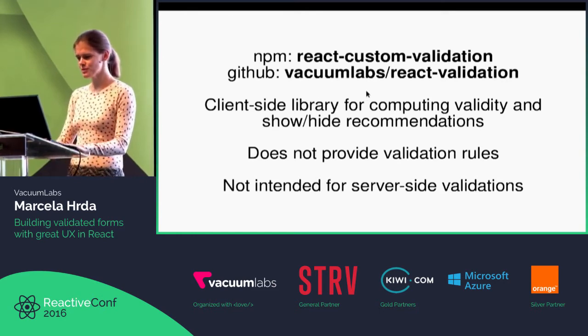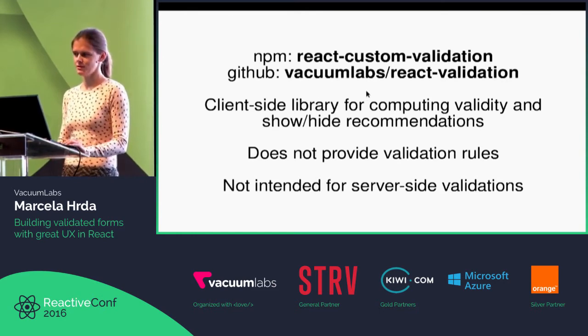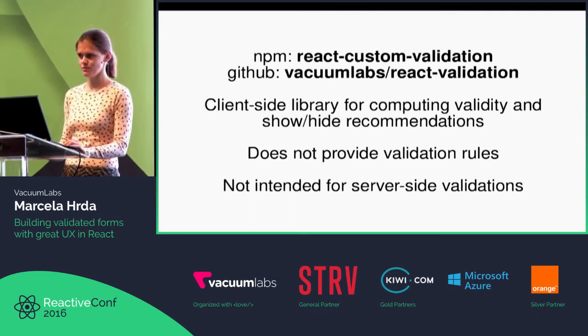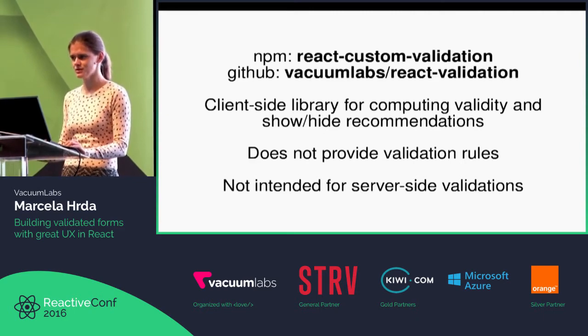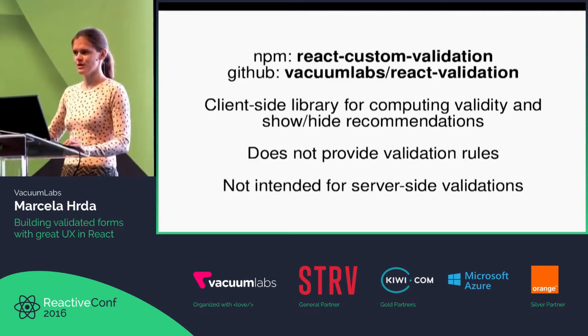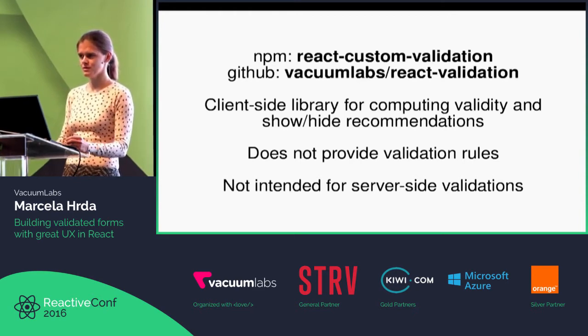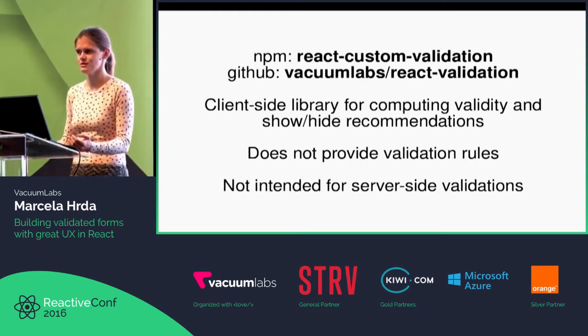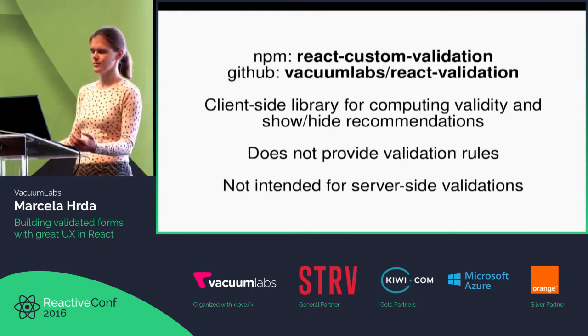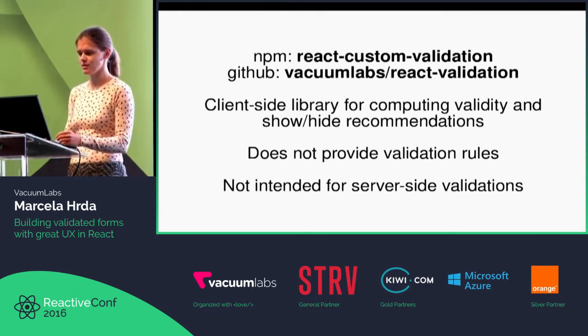And I think it should be clear by now from what was said, but as it is really important, I will repeat it once again. This is a client-side library, and the main purpose of this library is to give you show and hide recommendations about whether to show or hide the error message to the user. And it also helps you with synchronous and asynchronous validations, with handling calculations.